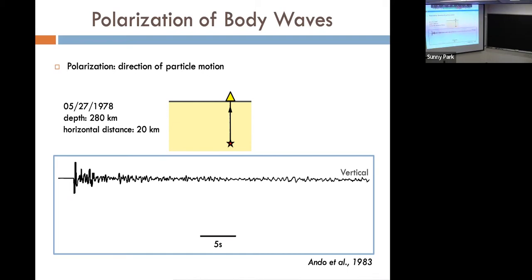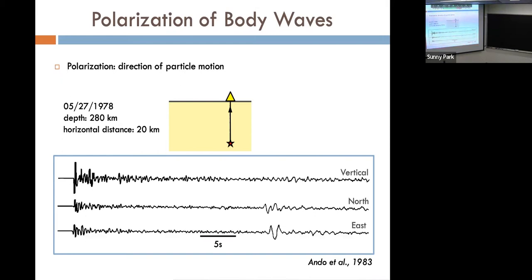And in order to measure the directions, we need 3 component seismometers. So here is the vertical component, and that's the north and east components here. And we know that the P wave has particle motion that's parallel to the ray path here. So in this case, we would expect the P wave to be recorded more or less in the vertical direction.